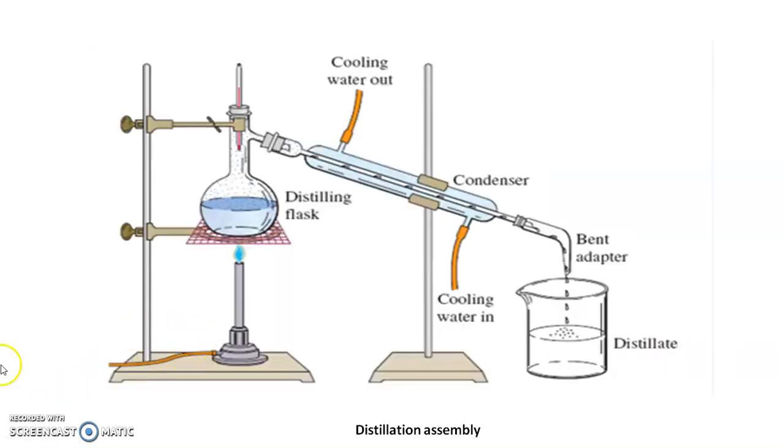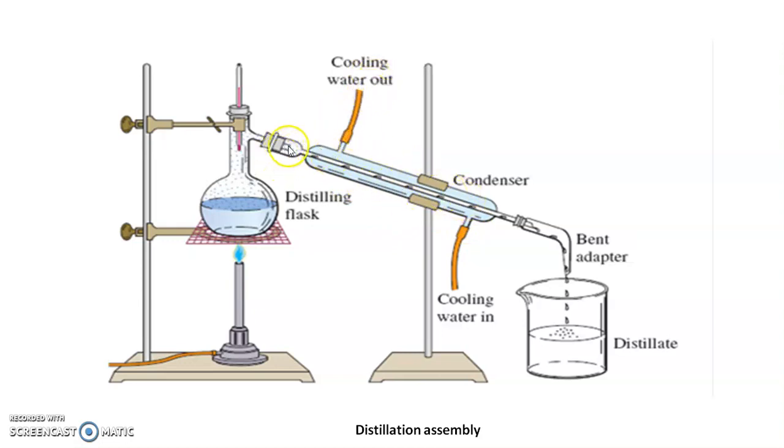This one is the distillation assembly. This is the distillation flask, this is the flame chamber, and this is a thermometer for measuring the temperature, and this one is the condenser. In this condenser there are two water connections. First one is the cooling water outlet, and this is the cooling water inlet. From this inlet we have to put the cool water in this condenser, and this is the water outlet.